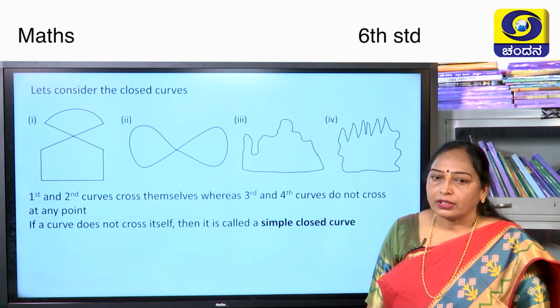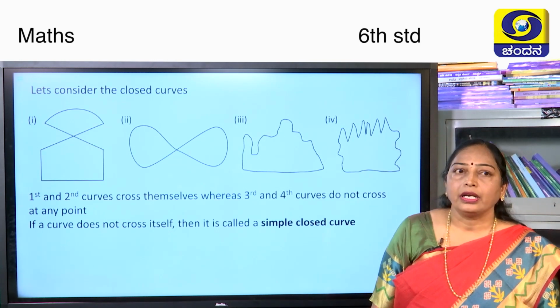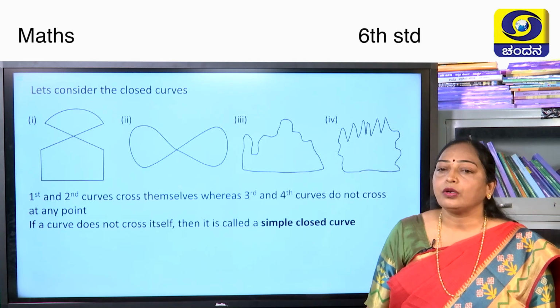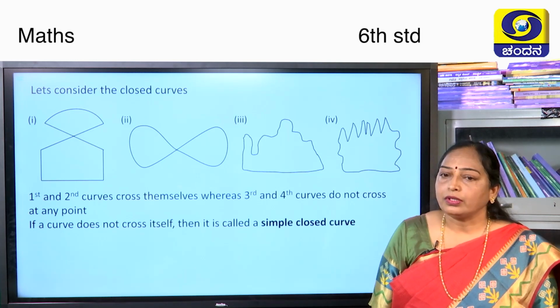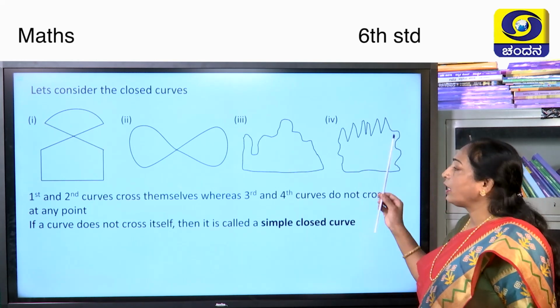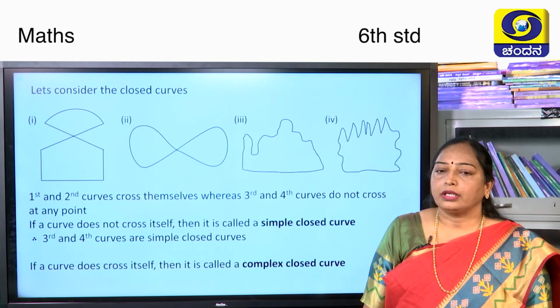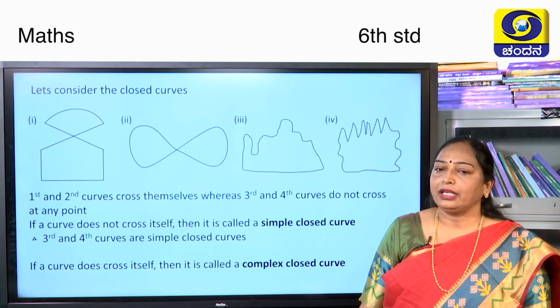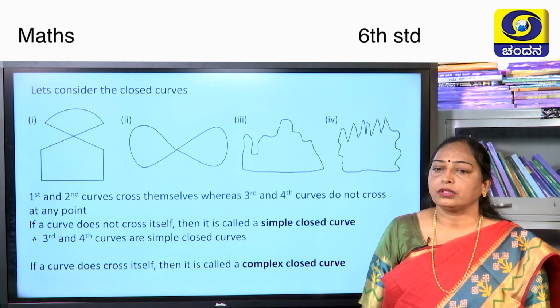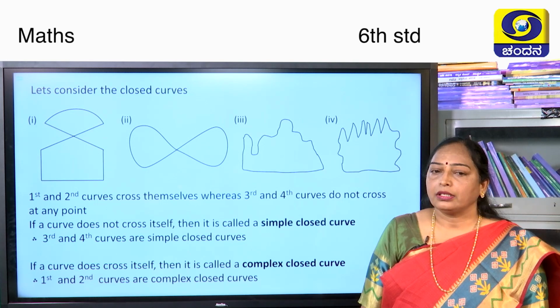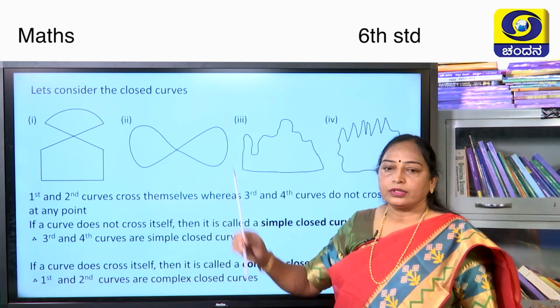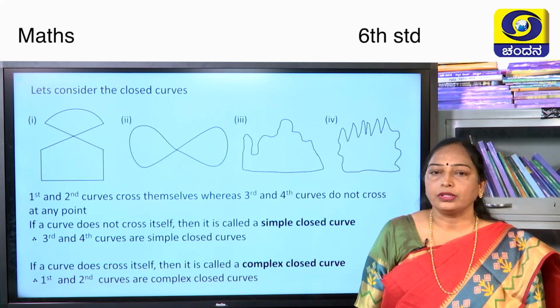If a curve does not cross itself, it is called a simple closed curve. Therefore, the third and fourth curves are simple closed curves. If a curve does cross itself, then it is called a complex closed curve. Here, the first and second curves are complex closed curves.